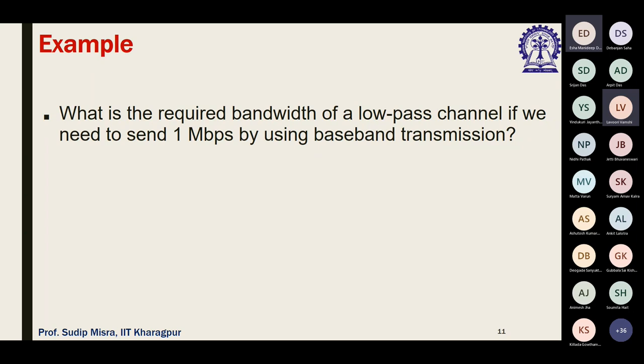In other words, it is not really possible to send the data through a low pass channel. So you need to do some approximation of the digital signal. The digital signal that is coming through, you need to approximate it as an analog signal. So you need to convert the digital to analog.